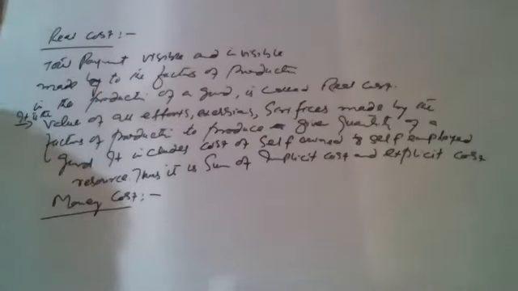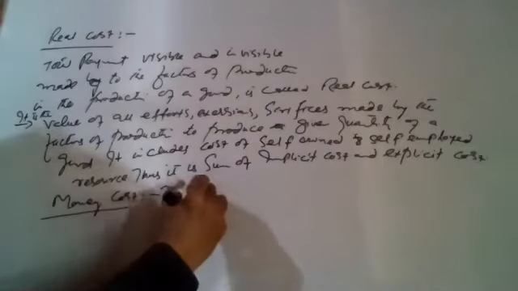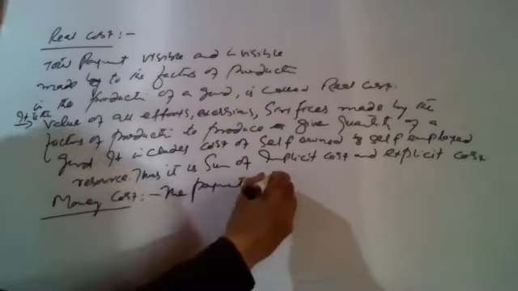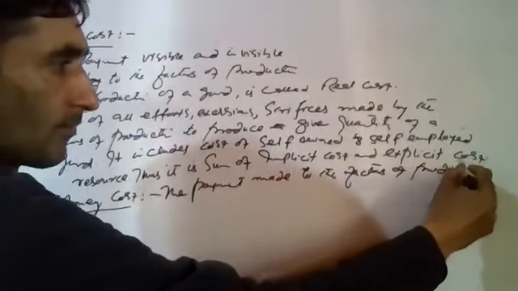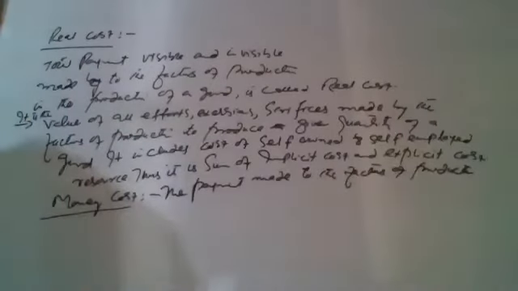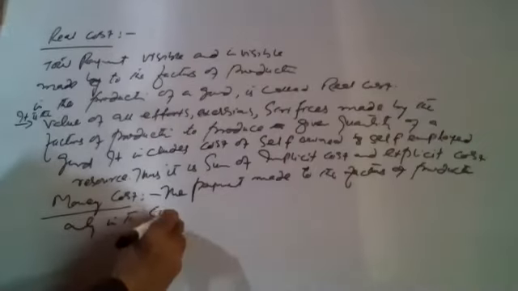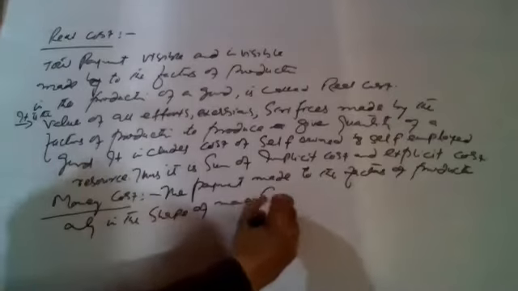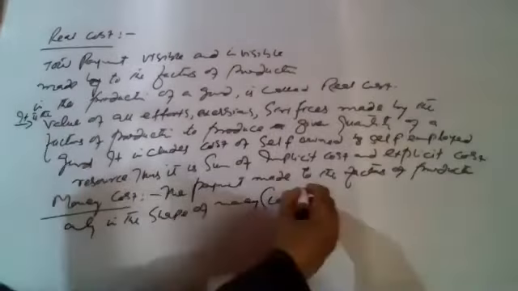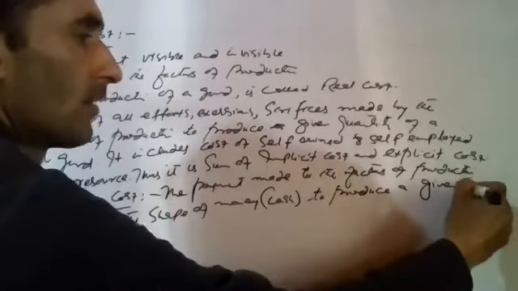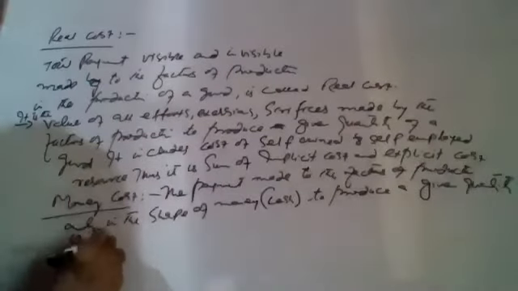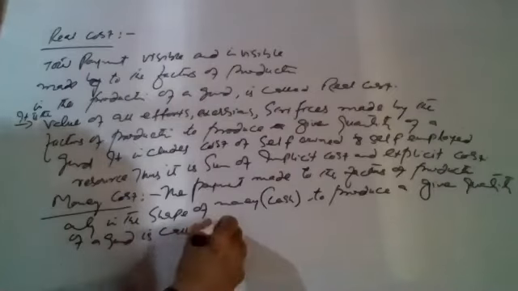The payment made to the factors of production only in the form of money or cash to produce a given quantity of a good is called money cost.